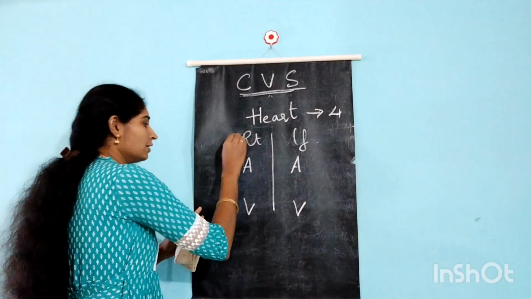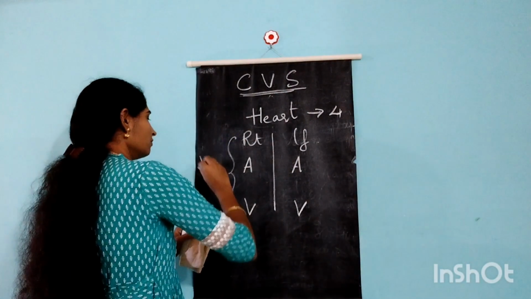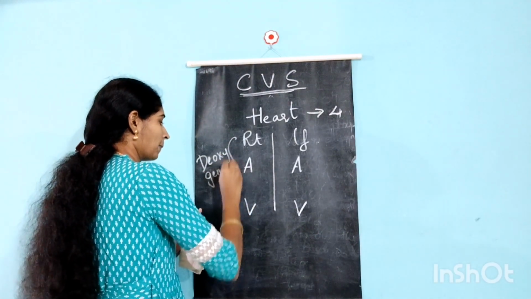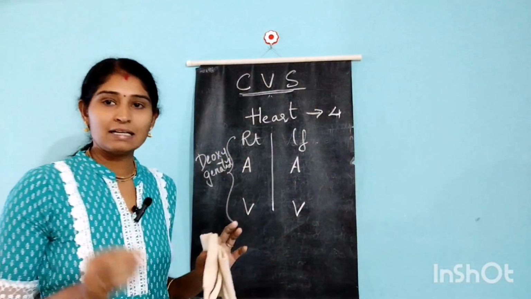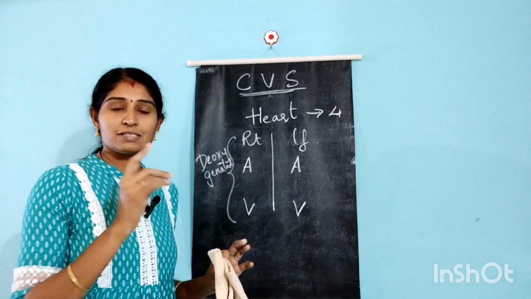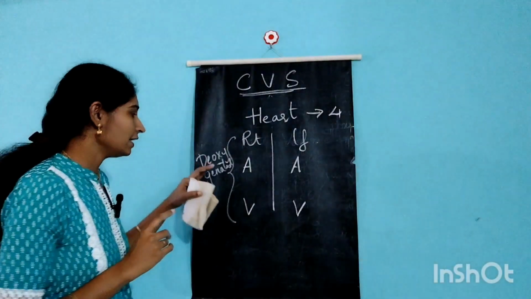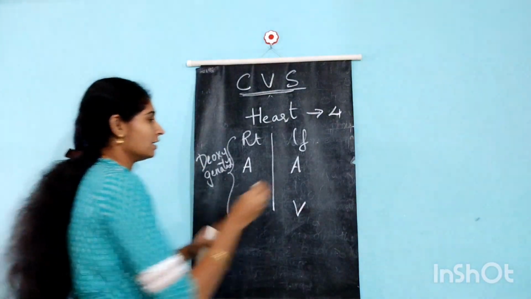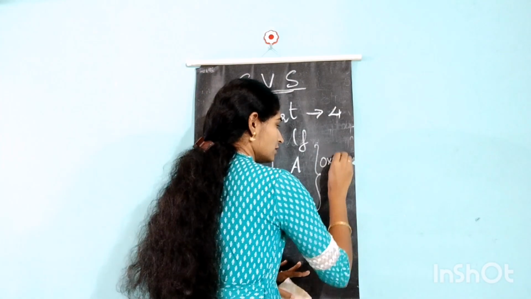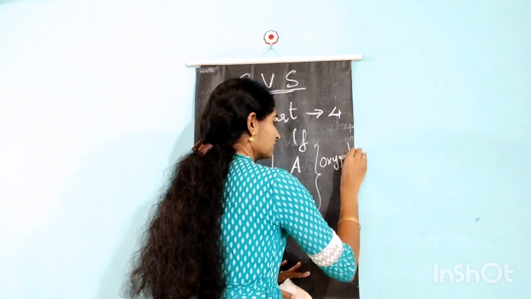And one more thing, whenever we say right atria or ventricle, always remember it is deoxygenated blood which is present there. That means carbon dioxide is more, oxygen is less in that blood. And whenever we say left atria and ventricle, it is always oxygenated blood which is present there.